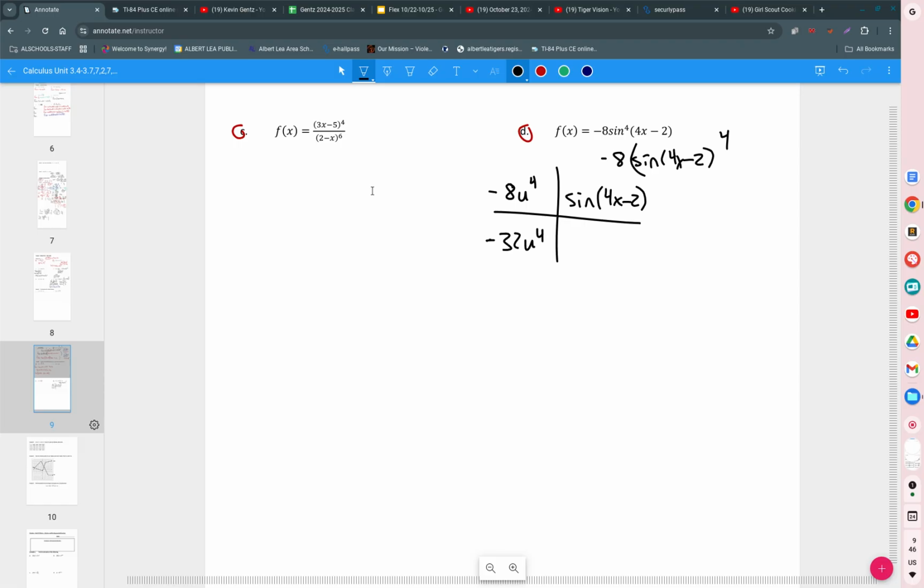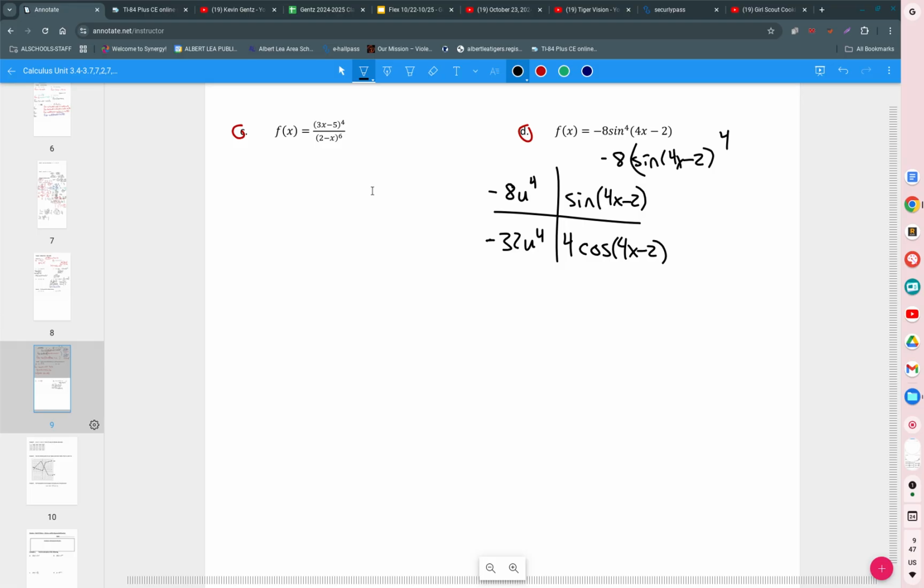And then for the derivative of sine of 4x minus 2, I'm going to have to use the chain rule. We'll do it nice and quick. What's the derivative of the inside? 4. What's the derivative of the outside? Cosine with the inside left alone. What do I do with those two once I produce those two derivatives?